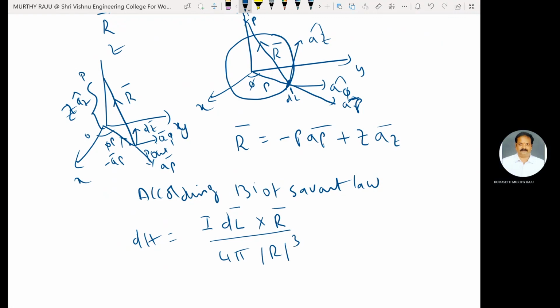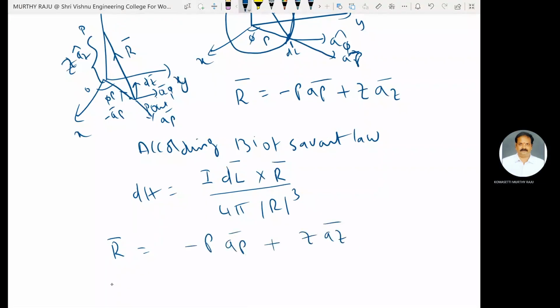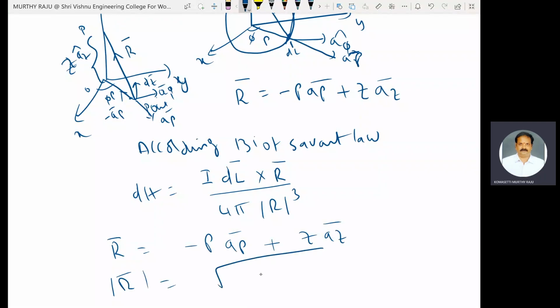That R bar is equal to minus rho a rho plus z a z. Mod R bar is equal to square root of rho square plus z square.